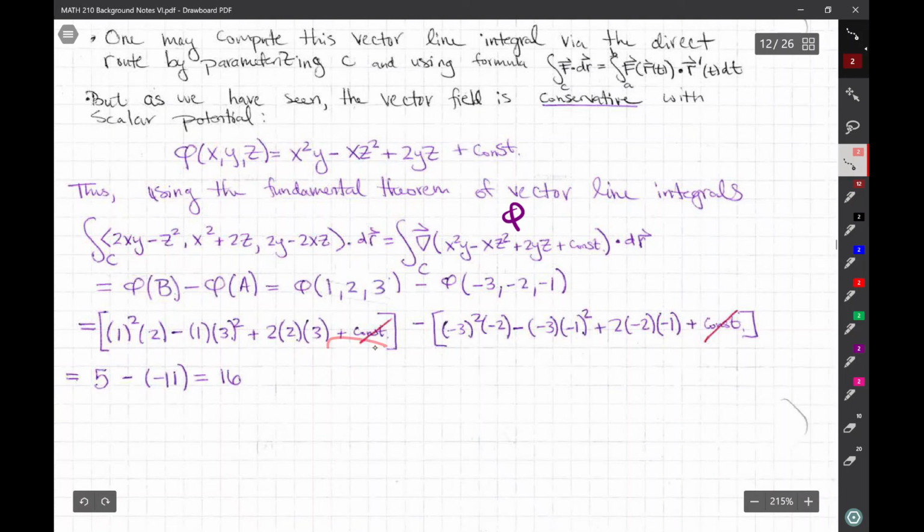So there was no worry that if you add a certain real number to your potential, it would mess up answers. They'll always cancel each other out with that minus sign there. And you get 16. And that is so much easier than doing the direct line integral, thanks to using the fundamental theorem of vector line integrals.